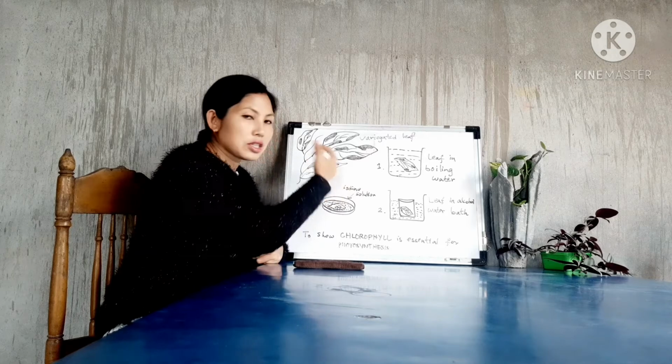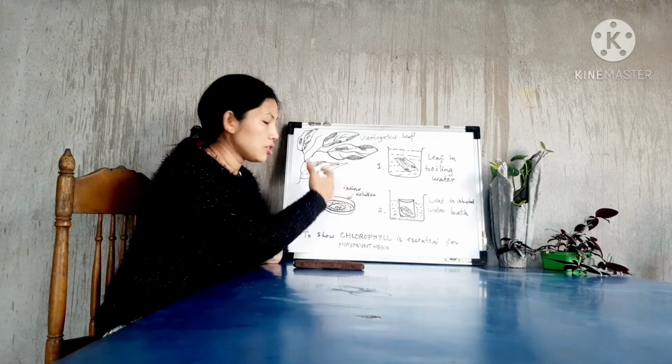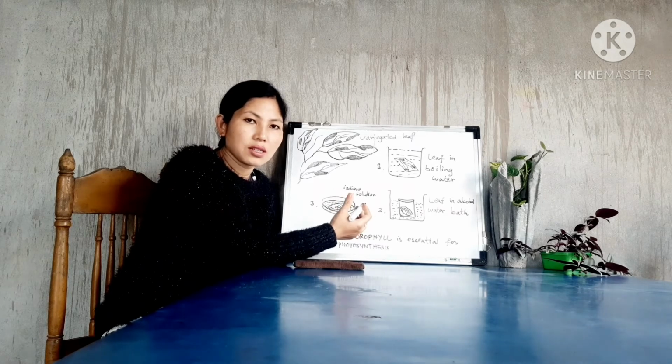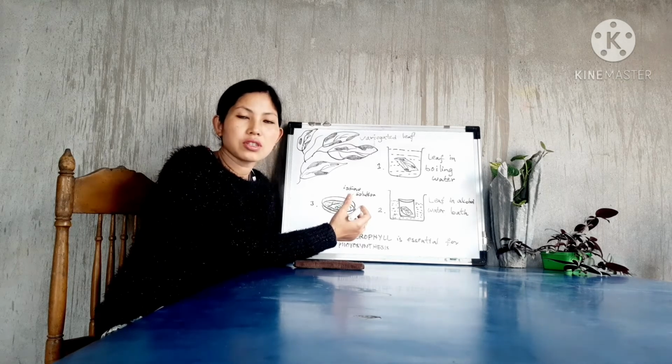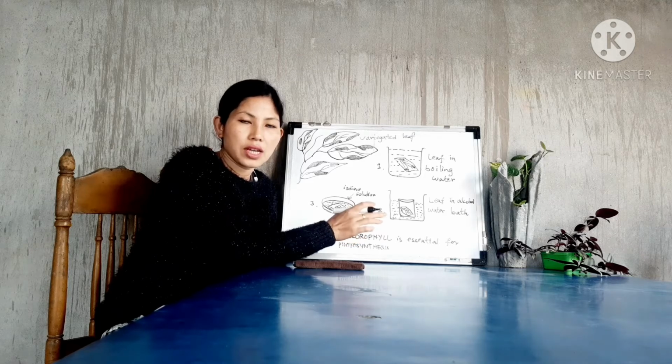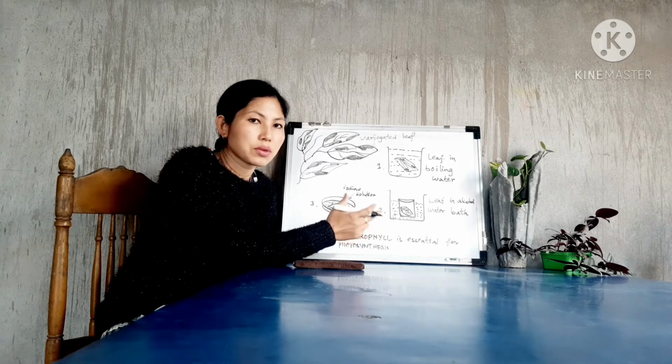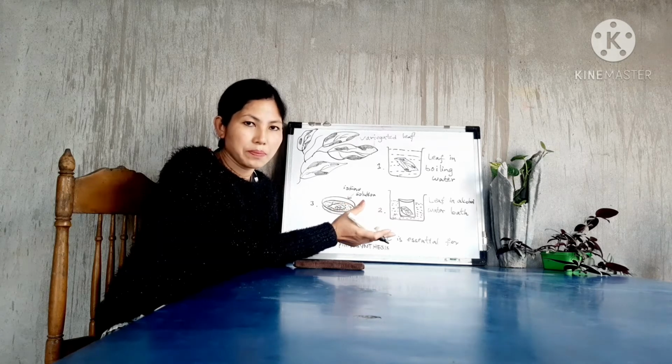We will require such a plant, and initially we will keep the plant away from the sun in the dark, say for around 3 to 5 days, so that the stored starch produced by the process of photosynthesis will be used up.